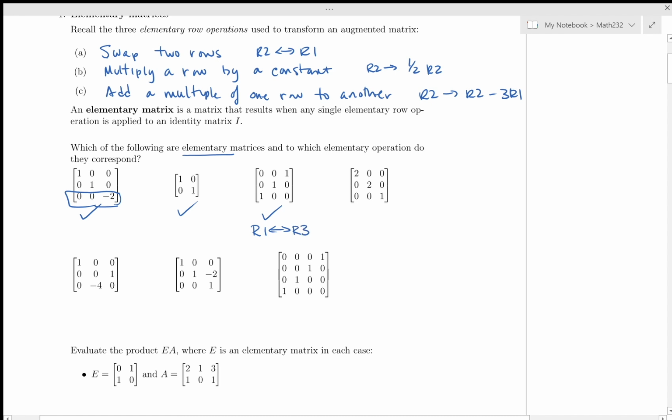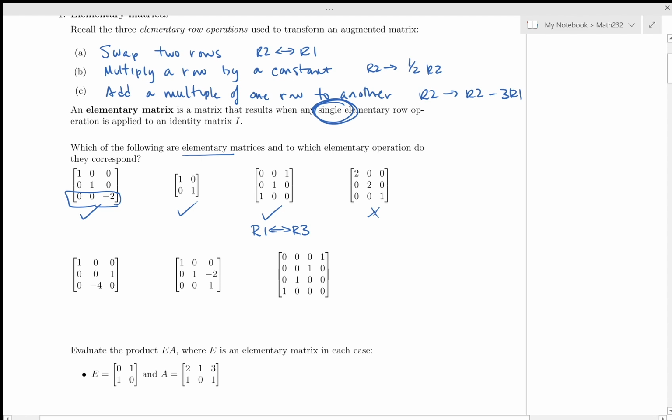Is this an elementary matrix? No, it's not, because you have to apply 2 row operations to I in order to get this, and we note this important word here: it's when you apply a single elementary row operation to the identity matrix. Here you would have to multiply row 1 by 2 and then multiply row 2 by 2.